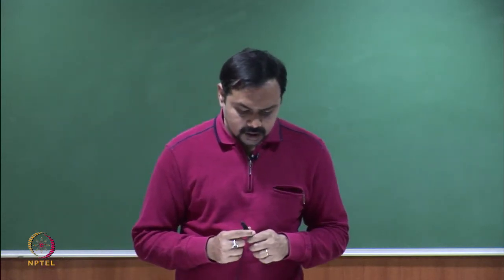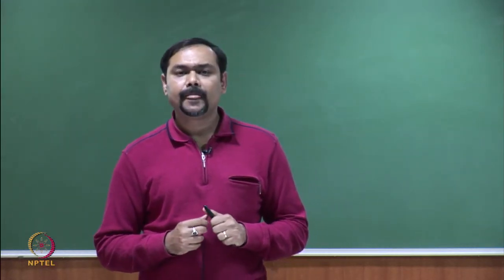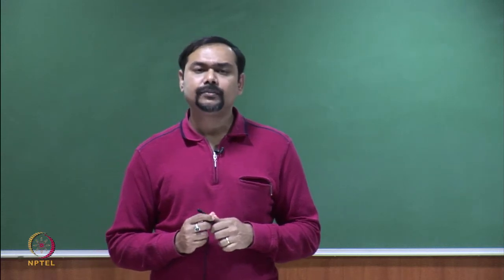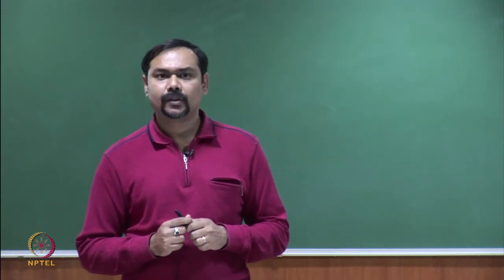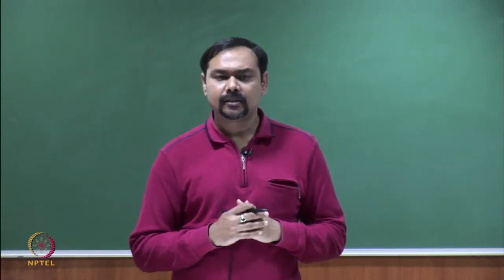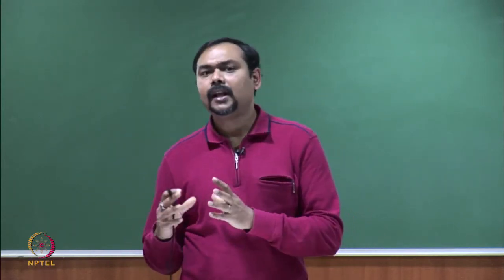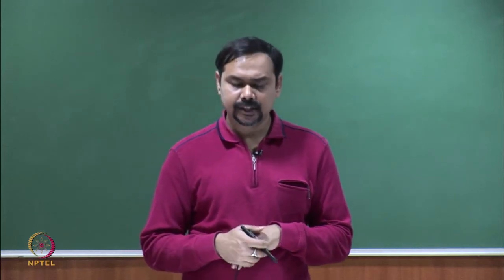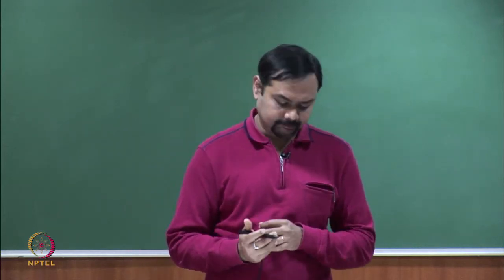So, people have come up with other types of submodules. The main idea here is to limit the fault current along with some additional beneficial features. We will see 3 or 4 of them now.